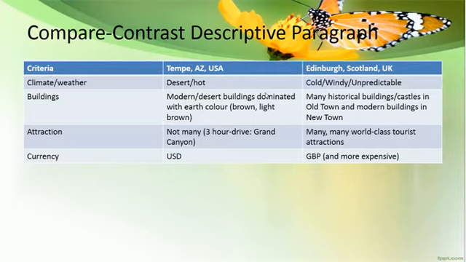It's still the same. Only here we try to describe two places, two objects, or two people, for example, and then compare the two of them in a paragraph.